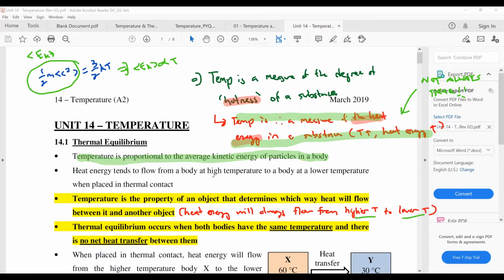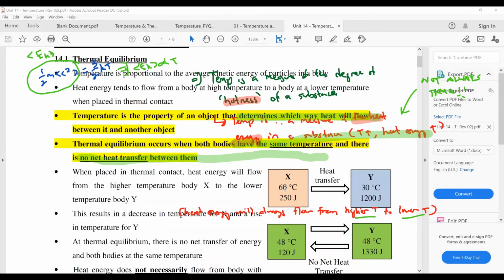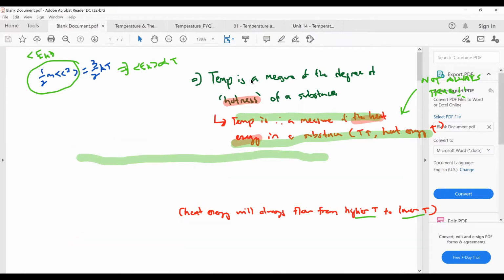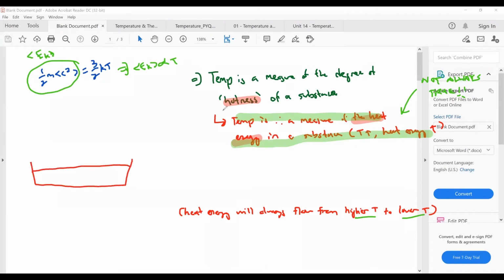Okay, so a case in point would be something like this. Say for example I have a very big tub of water, I fill it with water, this one being my water here, and I tell you that this tub of water has a temperature of 40 degrees centigrade.